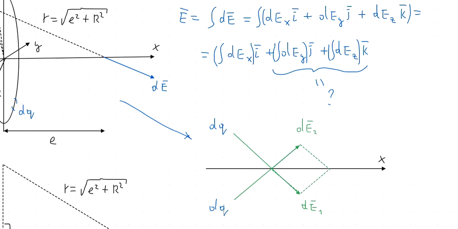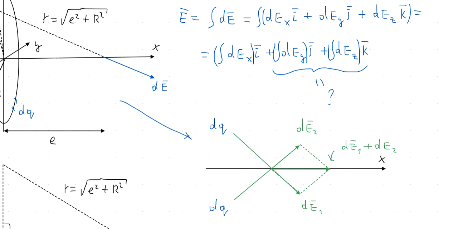The vector sum dE1 plus dE2 will be directed along the x-axis.